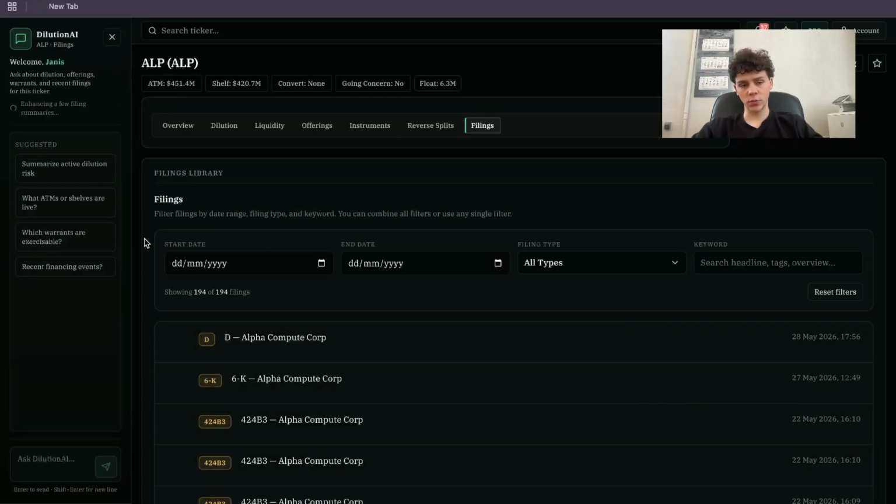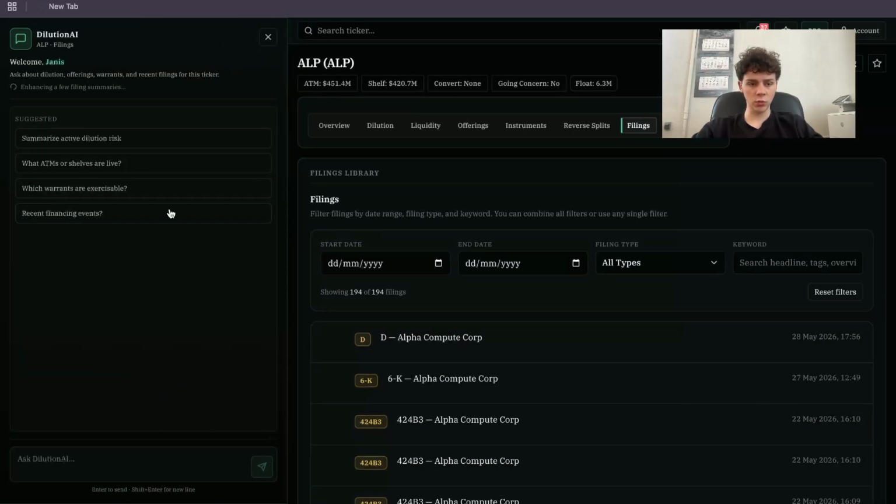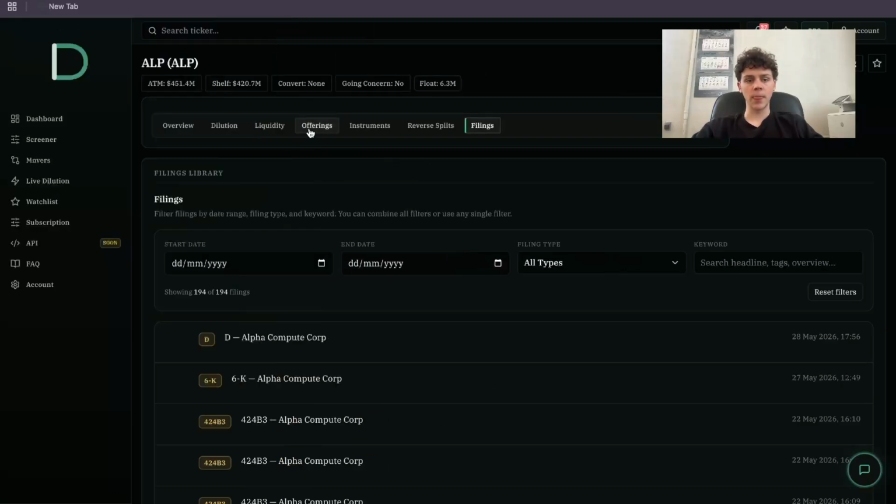As well, with the premium subscription you have a chatbot which you can literally ask any question about when do these warrants become exercisable, are these warrants approved, has the stockholder meeting for the warrants already happened, any question you would like about the stock and its dilution or liquidity aspect.